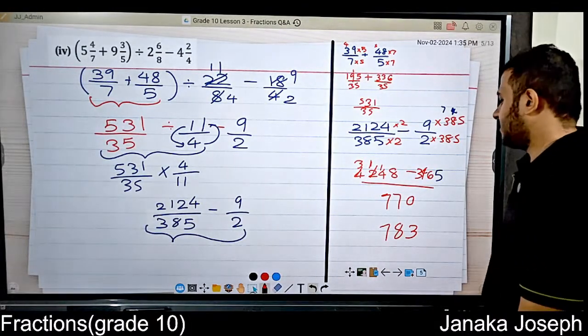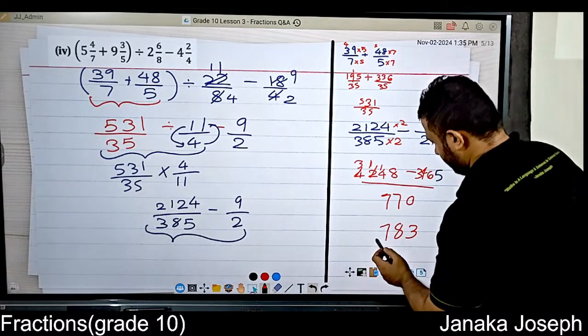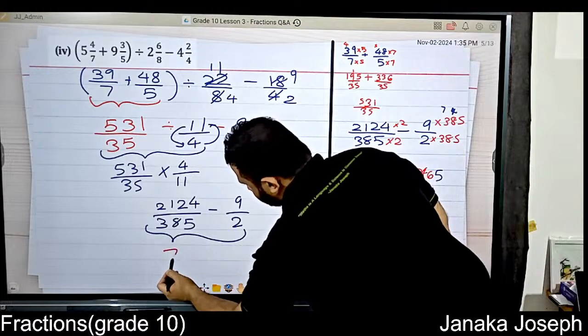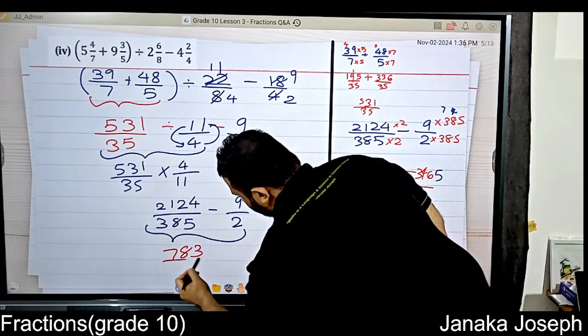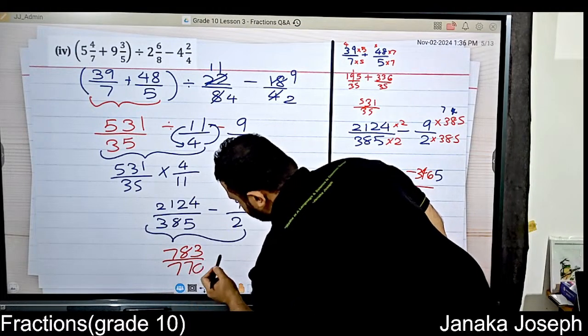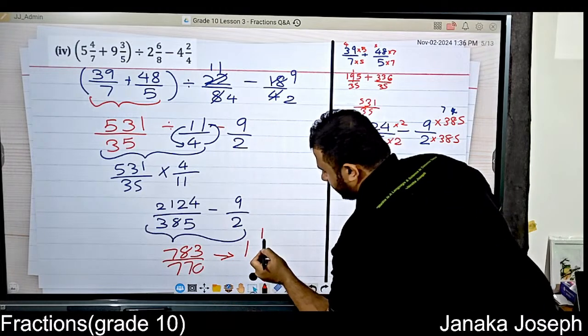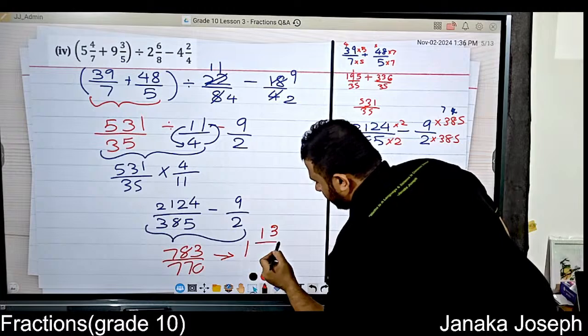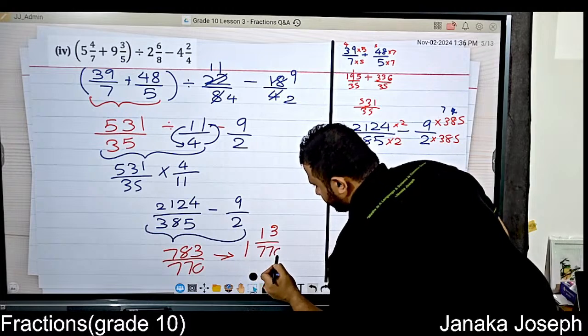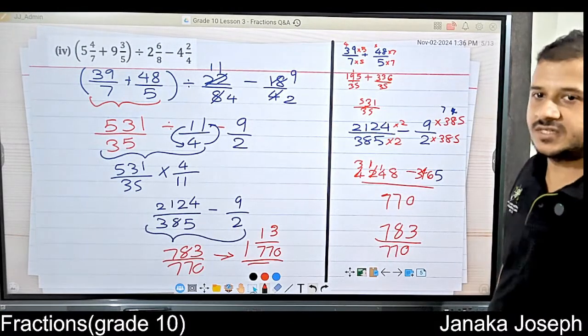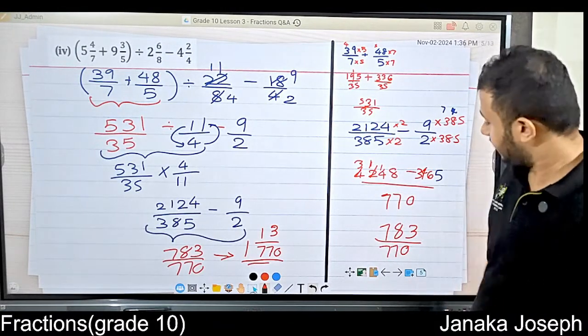So you get 783 out of 770, and that will give you 1 whole, left over 13 out of 770. That's the answer there. That's how we do a question like that.